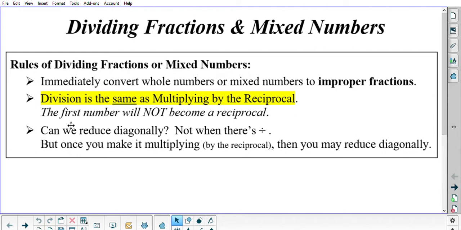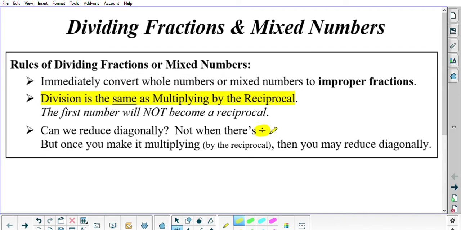Now, we learned in the previous guided notes that there was a cool trick with multiplying fractions, and that was being able to reduce diagonally, so to speak, where you could reduce any numerator and any denominator by a common factor before you actually multiplied. So you might be asking yourself, is this something that we can do when there's division? The answer is no. You cannot reduce diagonally when there is a division symbol in between.